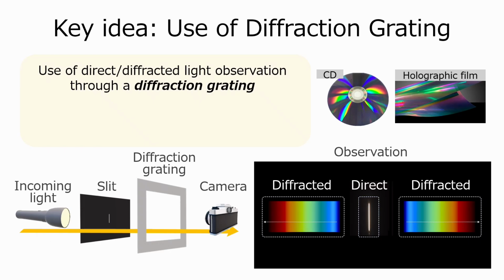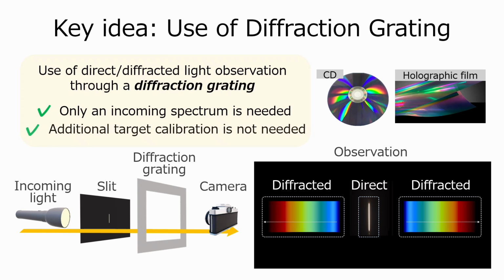By capturing the incident light through a diffraction grating, we obtain observations as shown on the lower right. From these images, we estimate the camera's spectral sensitivity. This approach requires only the calibration of the incoming light spectrum and does not rely on any additional target calibration.